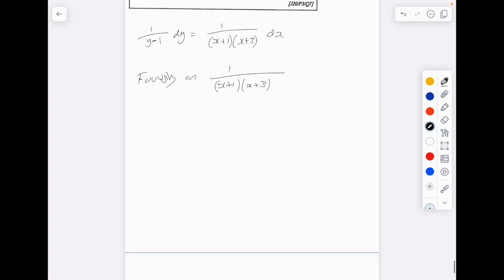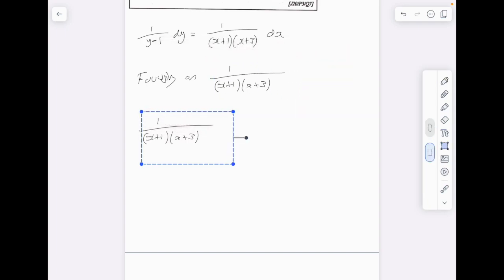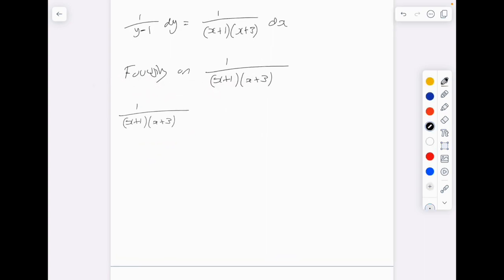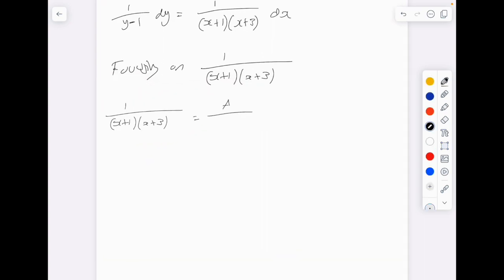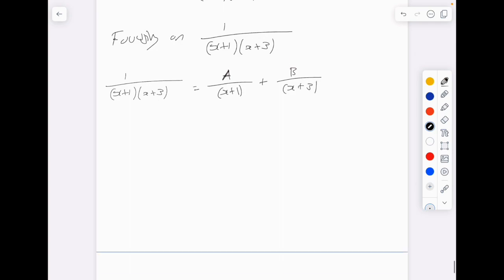Let's focus on this. Okay. So this here is going to equal a of x plus 3 plus b of x plus 1.